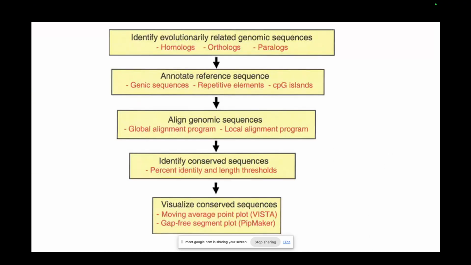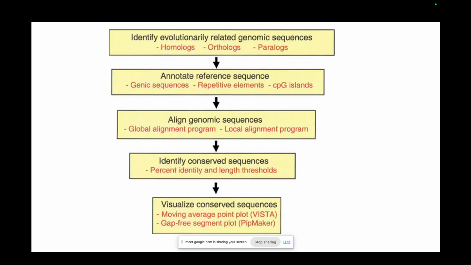So the idea is to identify these related genetic sequences. You annotate them, whether they are CpG-rich islands, exonic regions of the genome, or just repetitive elements, which are some sort of variants in the genome.